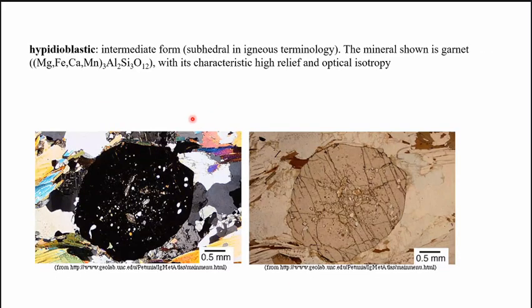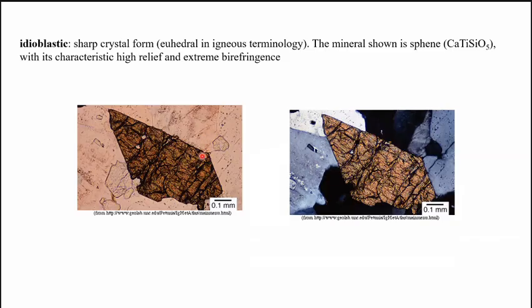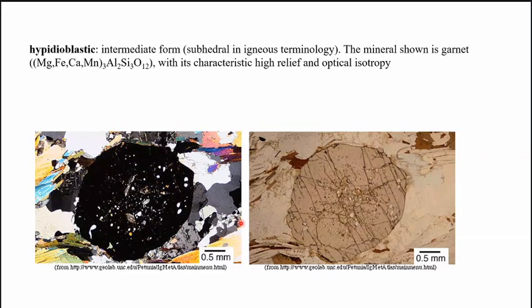Then you have hypidioblastic. The other one, you can see that the shape of the mineral was perfect. You can see it here. This is what its fin looks like. But here you can see that the edges are not showing very well. It means that this mineral, the shape has not formed properly. Okay? During the growth, the crystal shape is not perfect. It is called hypidioblastic.